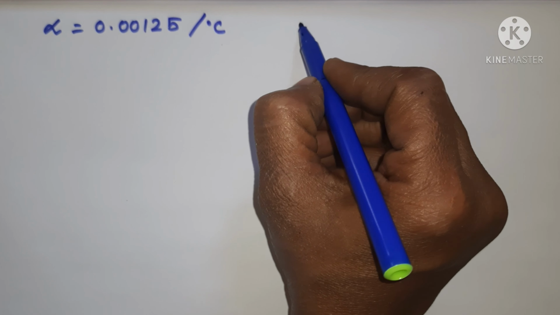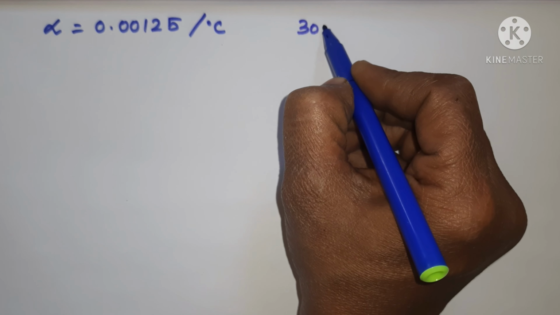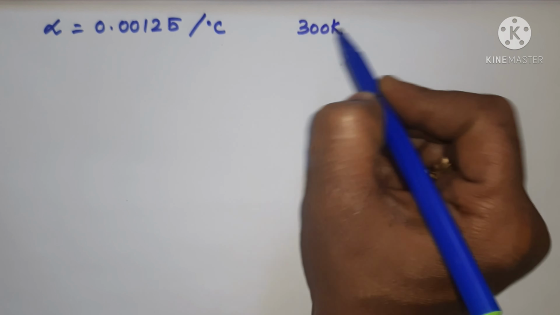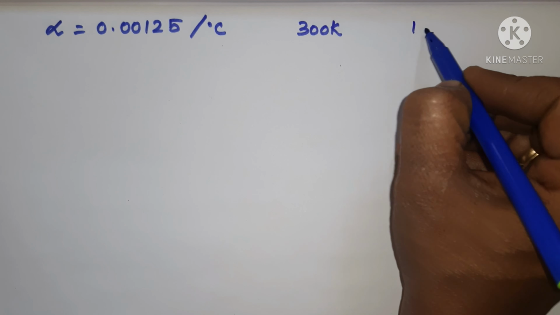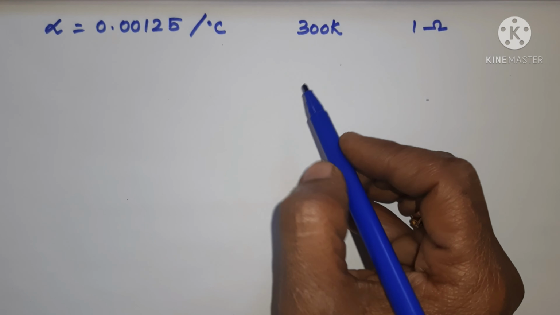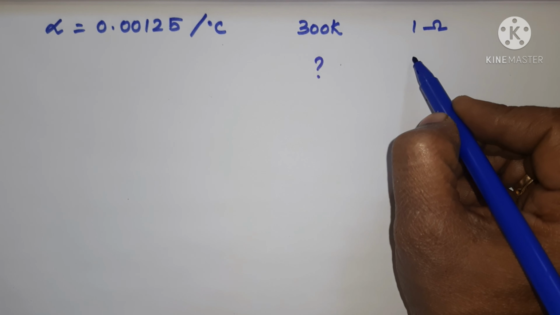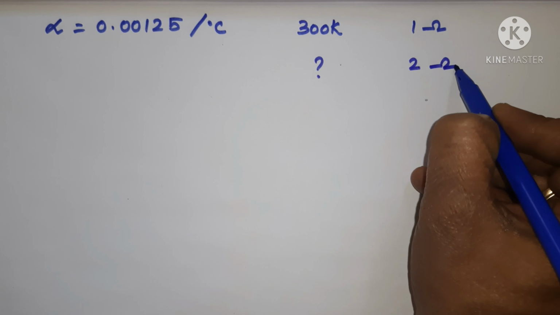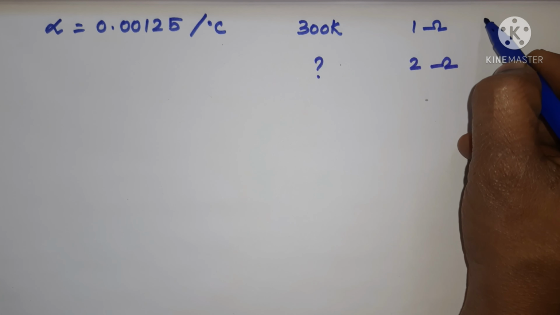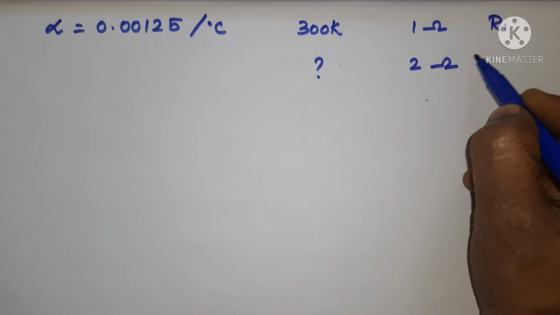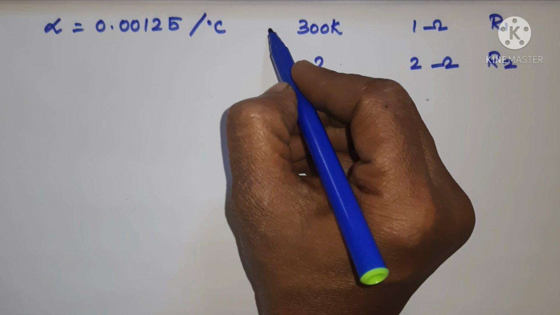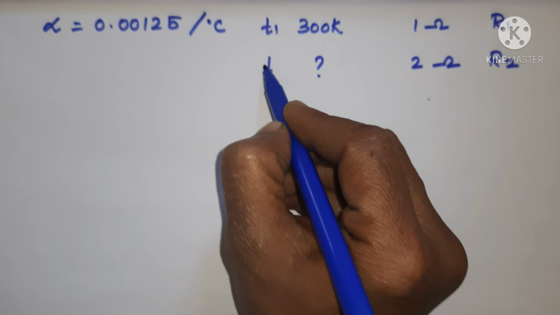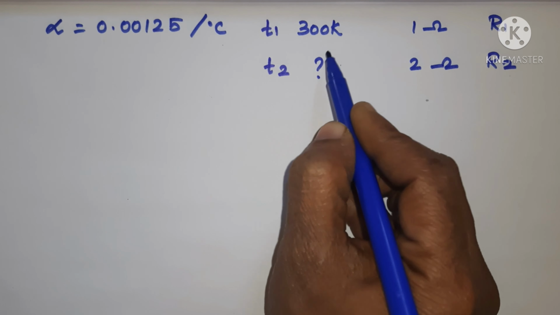The temperature is 300 Kelvin. At 300 Kelvin, the resistance is 1 ohm. At what temperature the resistance is 2 ohm? Let us write this 1 ohm to be R1 and the 2 ohm to be R2 and the temperatures T1 and T2. T2 need to be found.